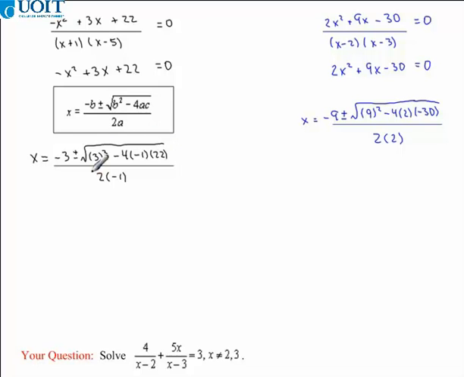So now we need to simplify what's underneath our square root as well as what's in our denominator. So we have that this equals negative 3 plus or minus the square root of 3 squared will give you 9. Negative 4 times negative 1 times positive 22 will give you positive 88.